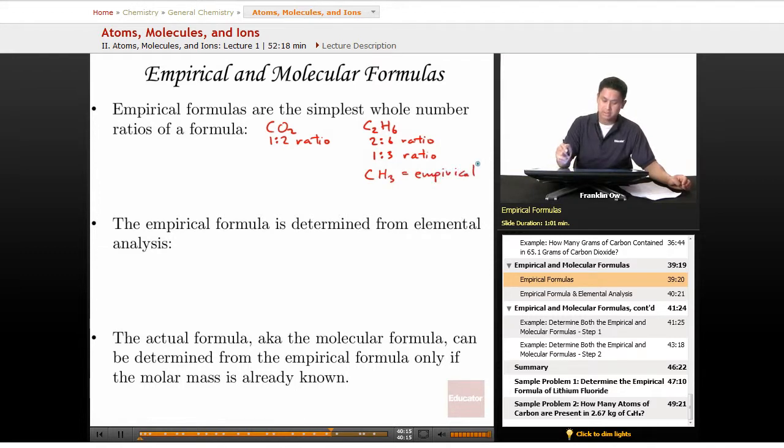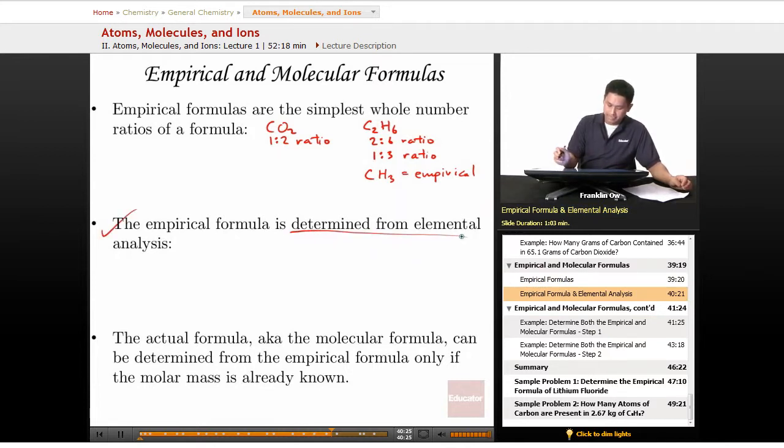So we're going to determine how to calculate the empirical formula. The empirical formula is determined from elemental analysis. Basically, you have an unknown sample, and you perform what's called an elemental analysis test on it.